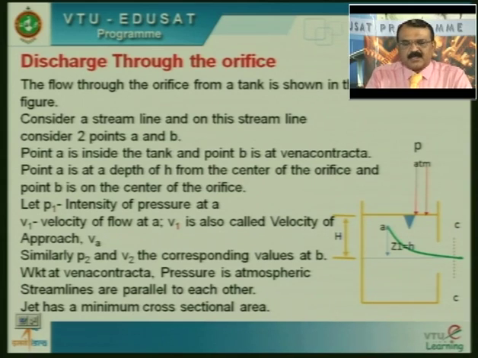In the last class, I said the momentum of the flowing fluid cannot be changed abruptly. For example, if you talk about a fluid particle lying very close to the solid boundary of this container, once you open this orifice, these fluid particles start moving towards the orifice. How are they going to move? They start moving along the boundary of the container.